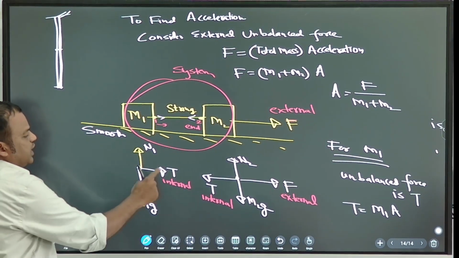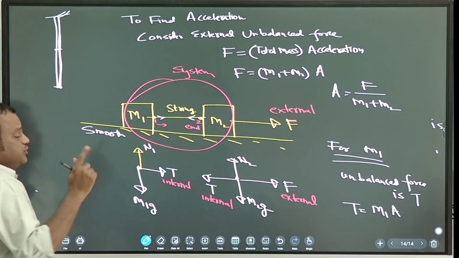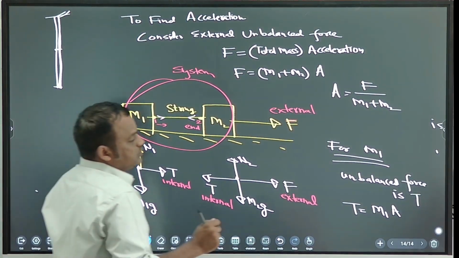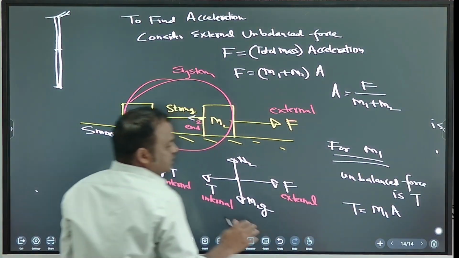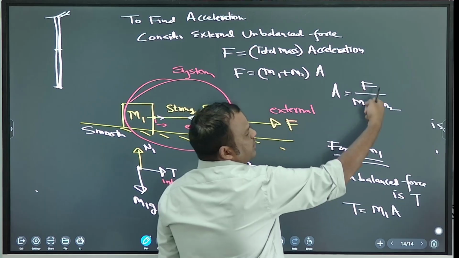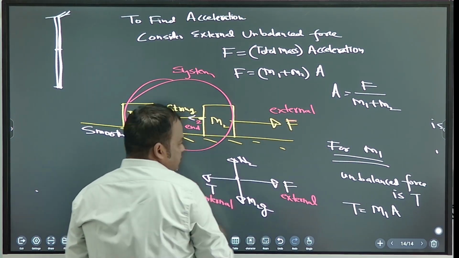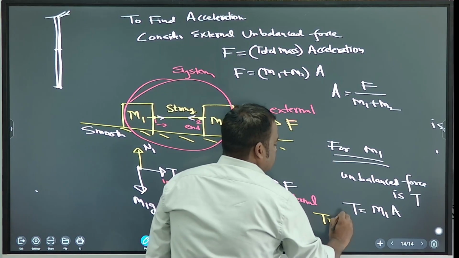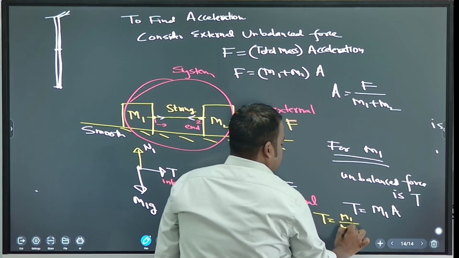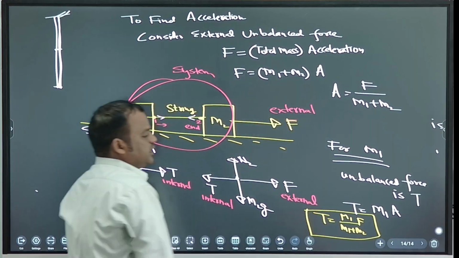Unbalanced force is mass into acceleration. Newton's second law. Net unbalanced force is mass into acceleration. So T is equal to mass into acceleration. What is the mass? M1 into acceleration. What is acceleration? F by M1 plus M2. So what is the value of tension? M1 by M1 plus M2 into F. This is the formula, tension formula.